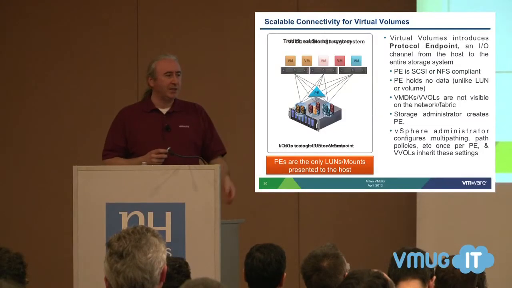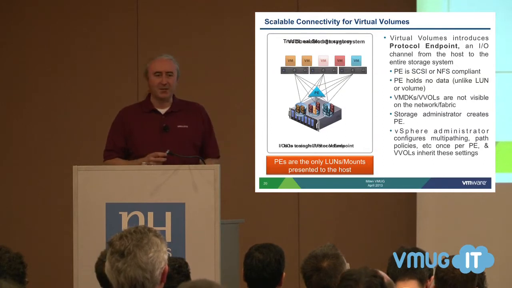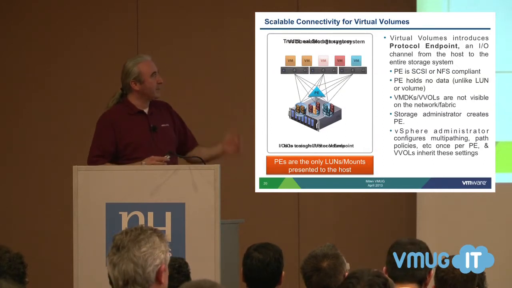So what we want to get to is a more scalable mechanism, and so we're introducing this new object. This is what we're calling the protocol endpoint. I think for those of you who visited VMworld, it was called a demultiplexing device or something as well. It has had various names.